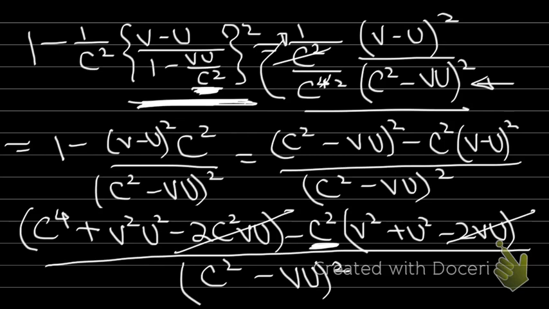So this term we have as negative 2c squared v times u, and this negative c squared multiplied by this term over here would then give me positive 2c squared v times u. And so positive, negative, same magnitudes but opposite signs, they would cancel out, right?